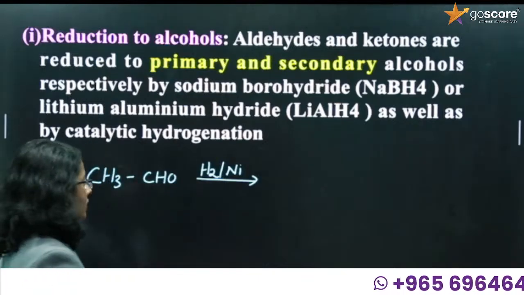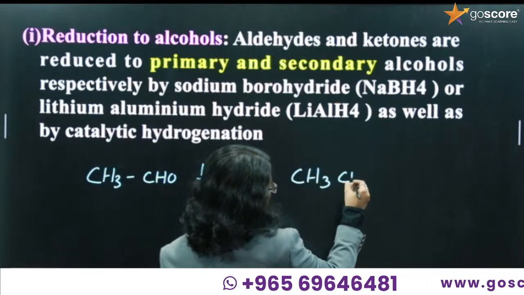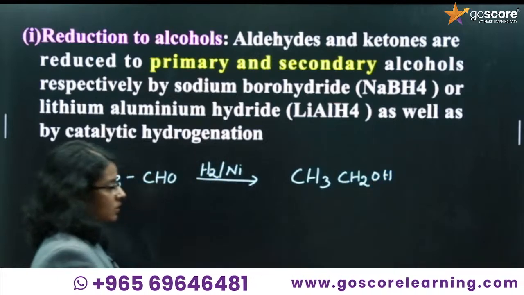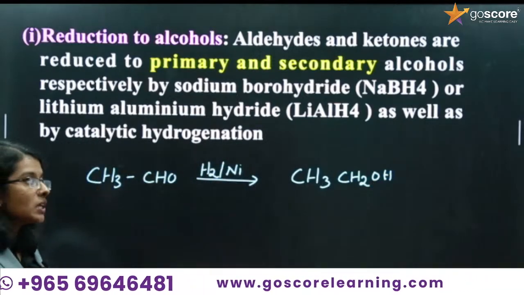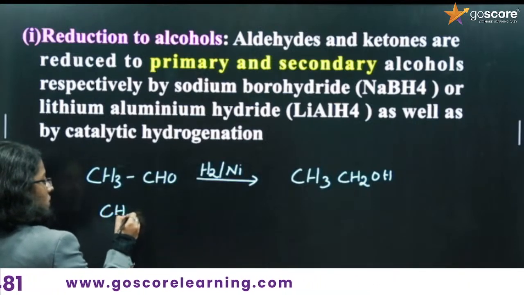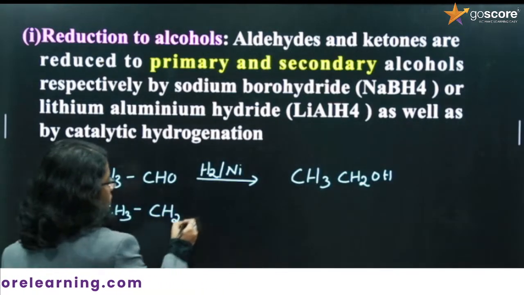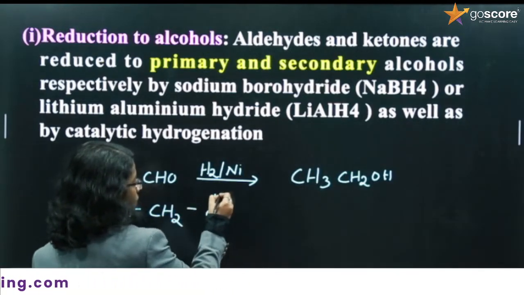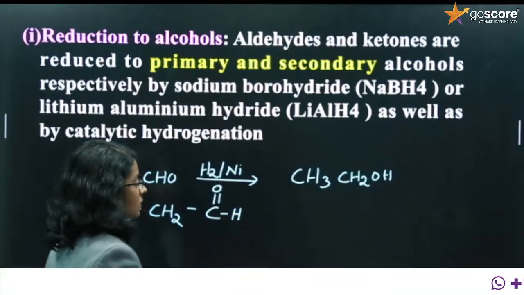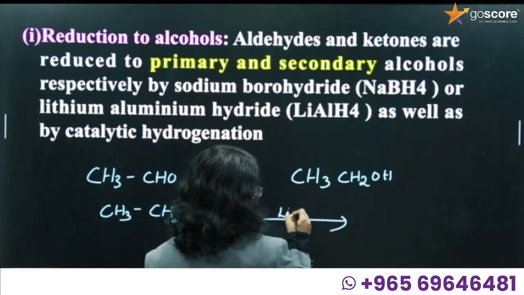primary alcohol, that is CH3CH2OH. You will get primary alcohol. I'll give another example, that is CH3CH2CHO. Write the product.